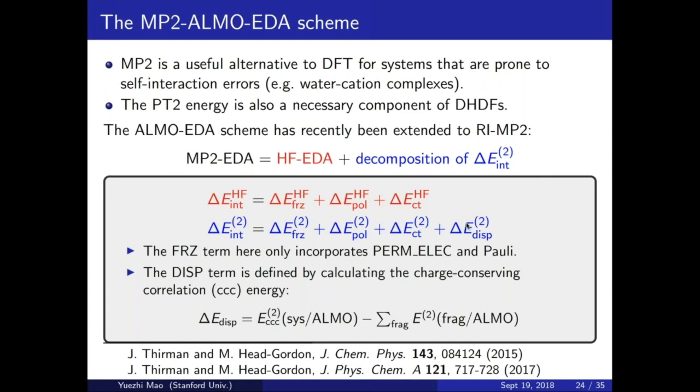And also there is a dispersion term which only comes from this PT2, and it's defined by the contribution to binding from these charge conserving correlation energies. For more details of this theory, I would recommend you look into these papers.